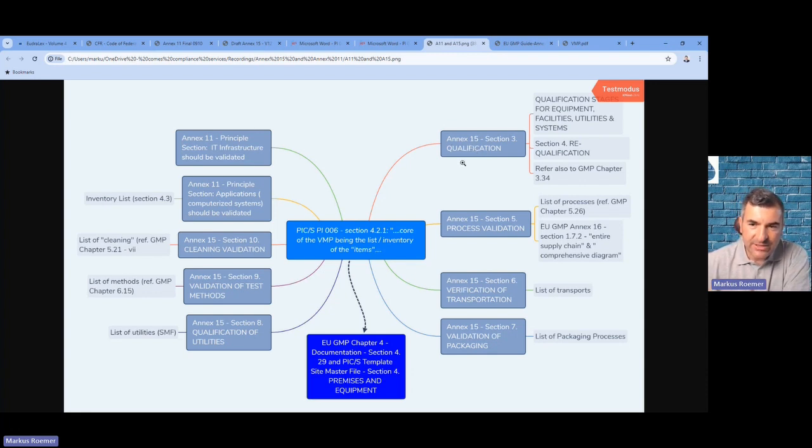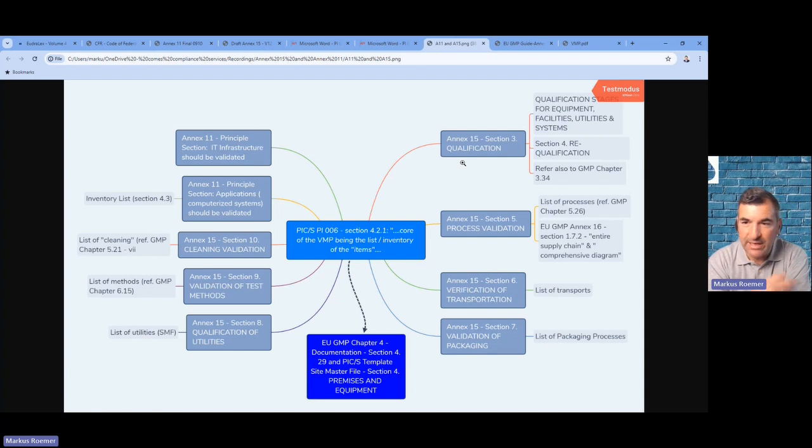Annex 15, section 3 is defining qualification. And there you see qualification stages for equipment, facilities, utilities, and systems. It definitely makes sense if you think about what is an equipment for you, what is a facility and a utility. Like in US FDA, you can have mechanical equipment or you can have electronic equipment.